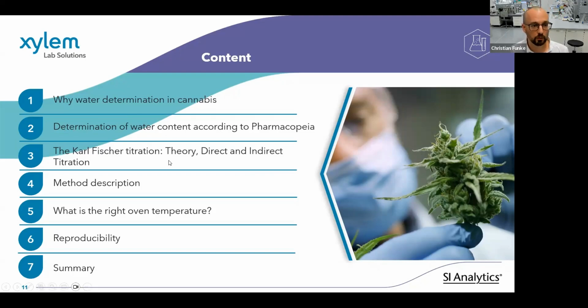Then we will talk about the Karl Fischer titration, a little bit of theory, and the separation between direct and indirect titration. I will describe how we make the determination of cannabis, how we detect the right oven temperature, which is one of the main points, and what reproducibility we reach with our procedure. And of course, the last point is a short summary of our results.